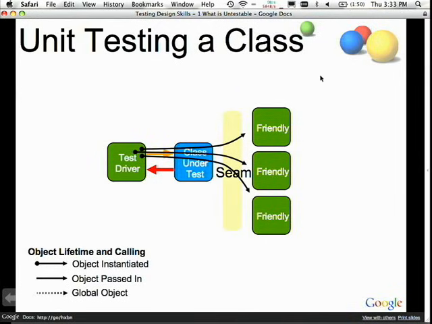So the point is, you want to make sure that your code is devoid of the new operator, because the new operator is static, and it causes direct binding. And you want to basically say, I need these objects to collaborate. In your constructor, you say, hey, I need the file cache. Please provide it to me. It is not my responsibility to go and read some property file on the hard disk in order to figure out how to instantiate a file cache and then configure it in some specific way.